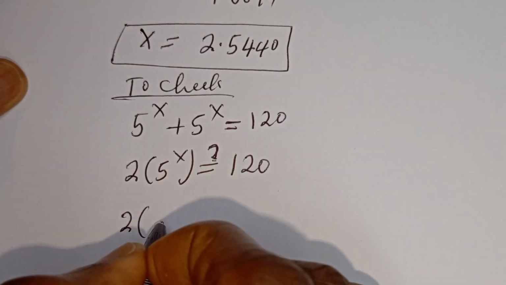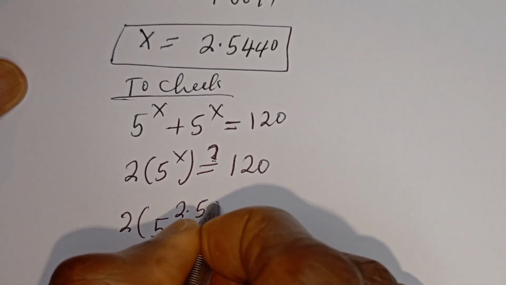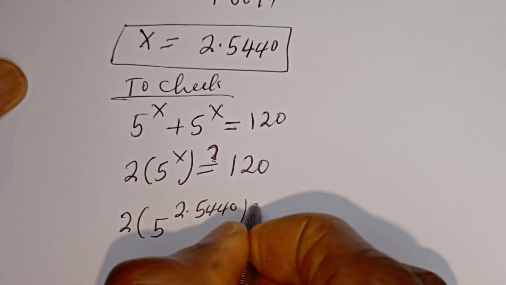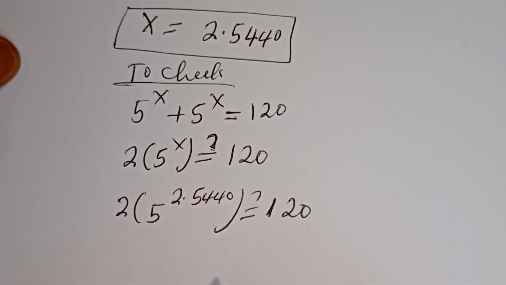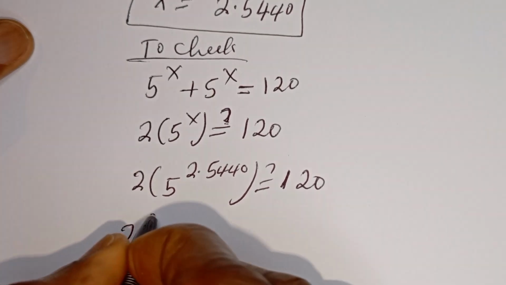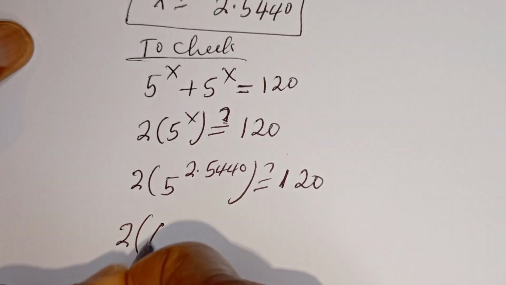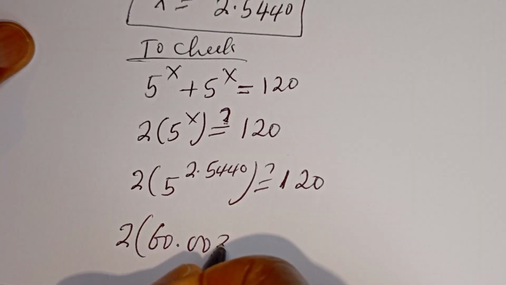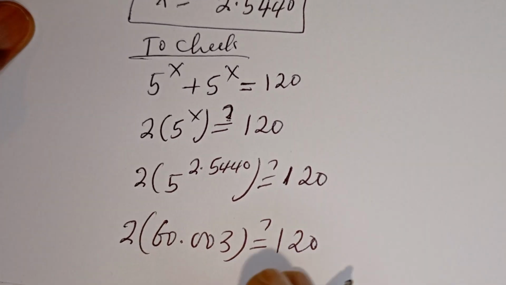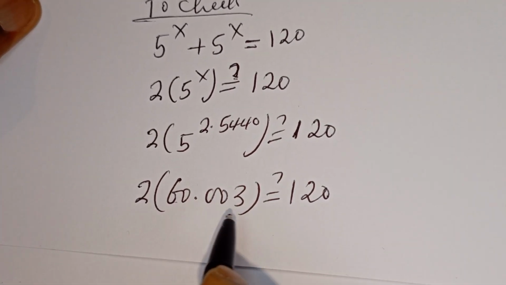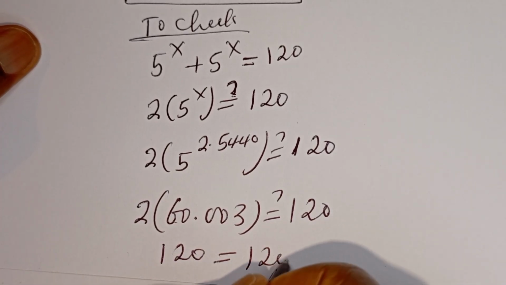Here is 2 bracket 5 to the power of 2.5440 must be equal to 120. Now here we have 2 bracket 5 to the power of 2.5440. This is 60.003 must be equal to 120. And of course, if you multiply 2 by 60.003, this will give you 120 is equal to 120, which is true.